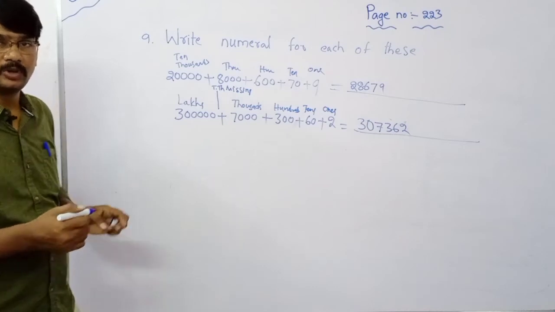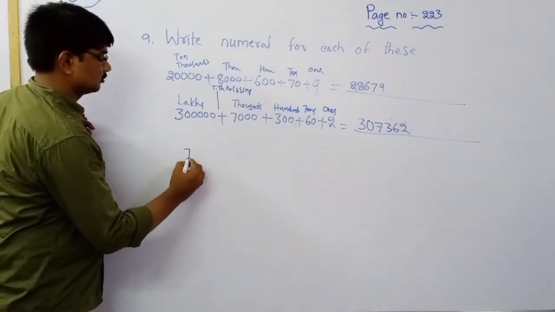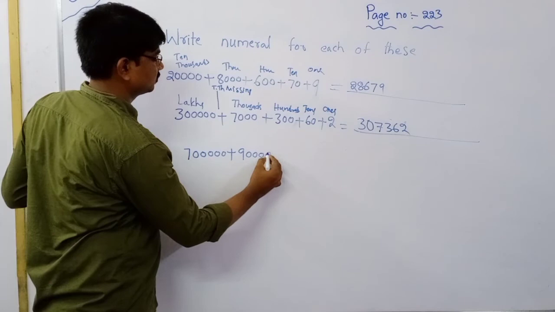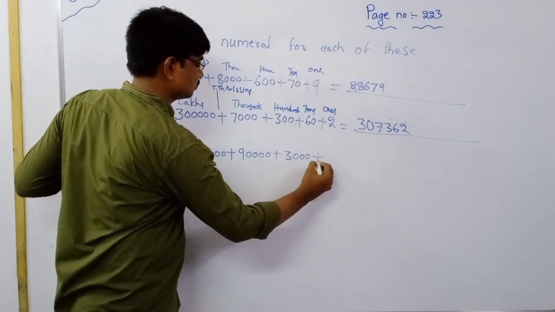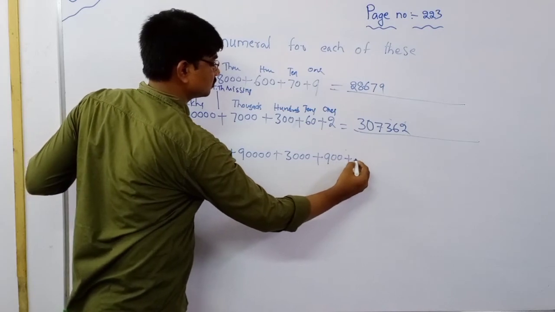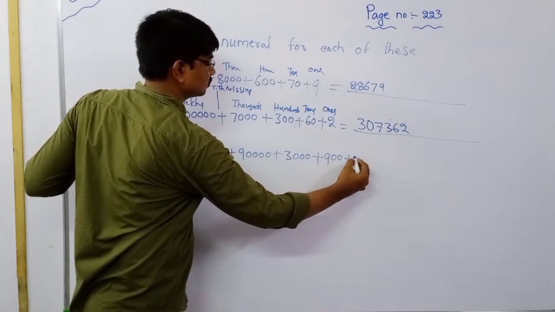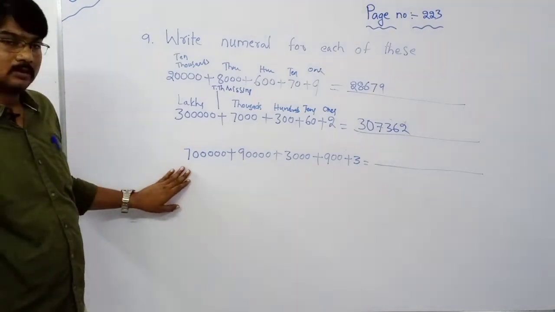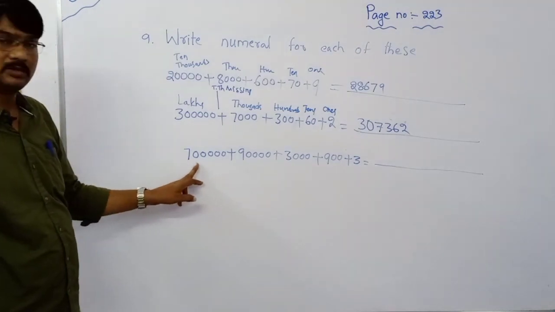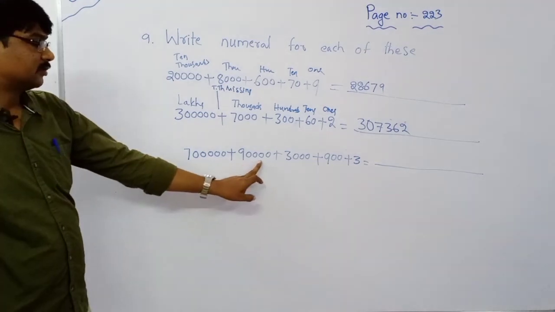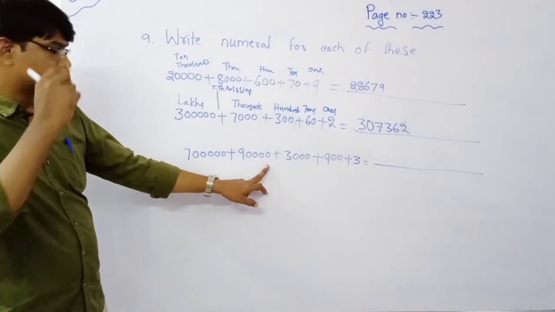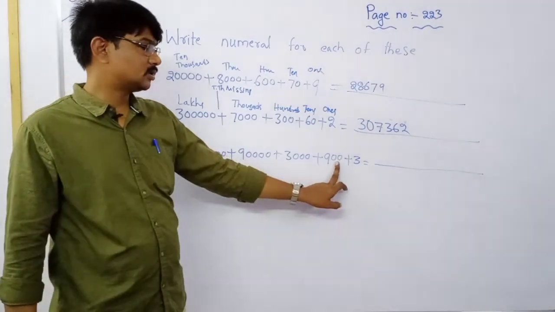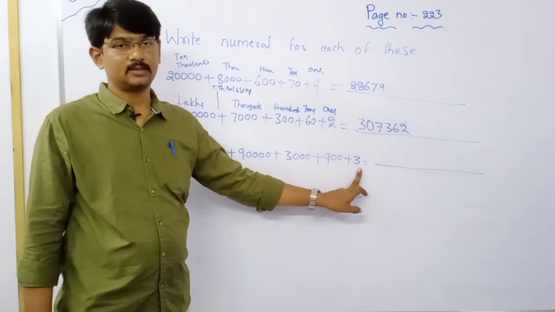Next, let us see one more example. Look at the number: 7 with 5 zeros, it means 7 lakhs. 9 with 4 zeros, 90,000, so 10,000s place. 3 with 3 zeros, 3,000. 9 with 2 zeros, 900, plus 3.